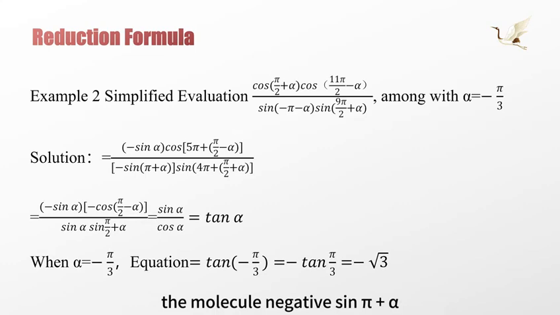The numerator negative sine of pi plus alpha can be simplified into sine alpha using induction formula 2. Sine of 4 pi plus half pi plus alpha can be obtained using induction formula 1, which is sine of half pi plus alpha. We do not need to do any processing for negative sine alpha. Cosine of 5 pi plus half pi minus alpha: we consider half pi minus alpha as a whole, and after simplification, we obtain negative cosine of half pi minus alpha.